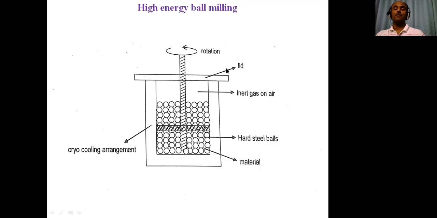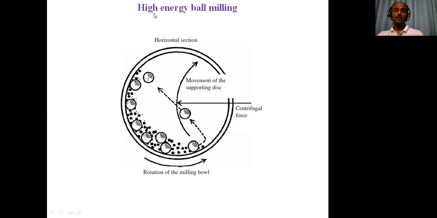It is provided with this cryo-cooling arrangement to cool the reactor. This is another design of this reactor in which it is of spherical shape, therefore it is also called a rotatory ball milling method.